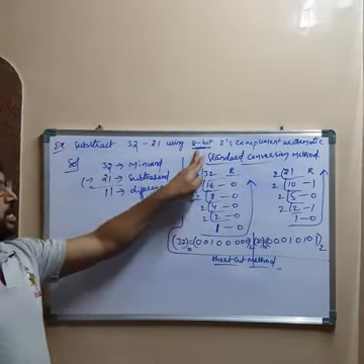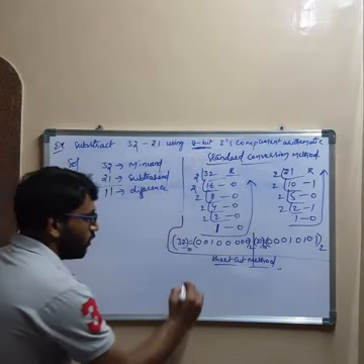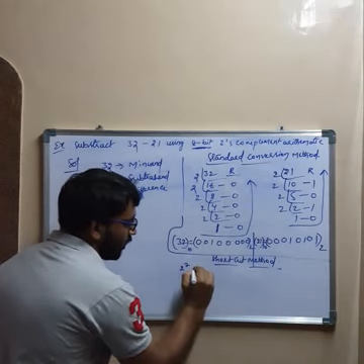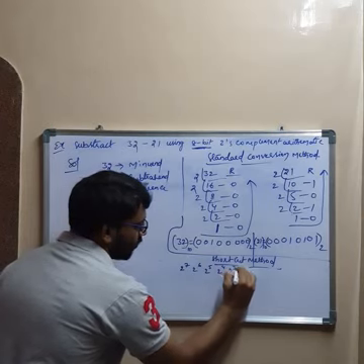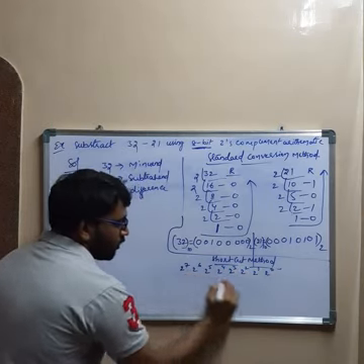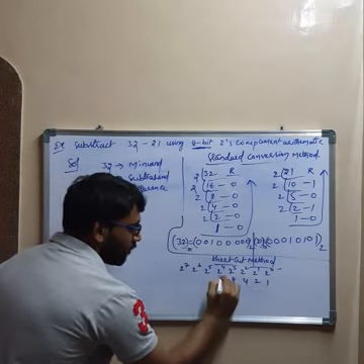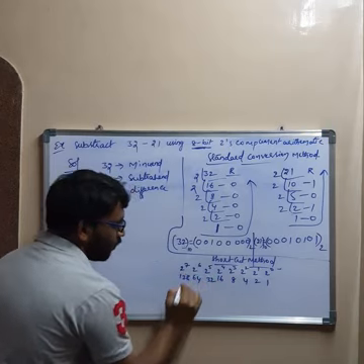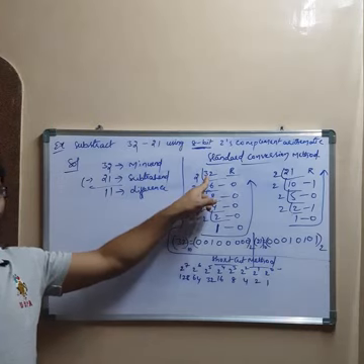So I will write the weights of all 8 bits in binary. That is 2 power 7, 2 power 6, 2 power 5, 2 power 4, 2 power 3, 2 power 2, 2 power 1, 2 power 0. This is 1, 2, 4, 8, 16, 32, 64, 128. So we have to convert this 32 into binary.